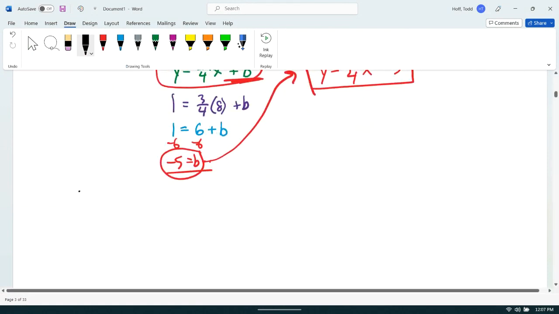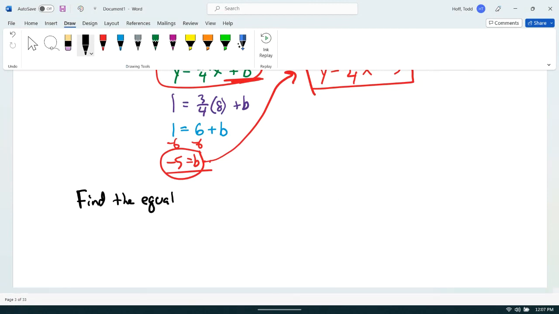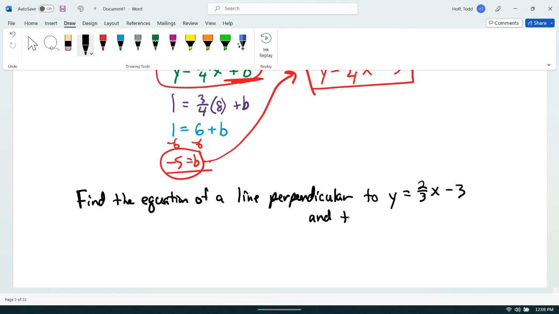We could be asked to find the equation of a line perpendicular to y equals 2/3 x minus 3 and through the point 6, -2.